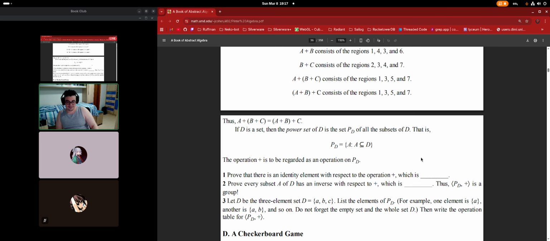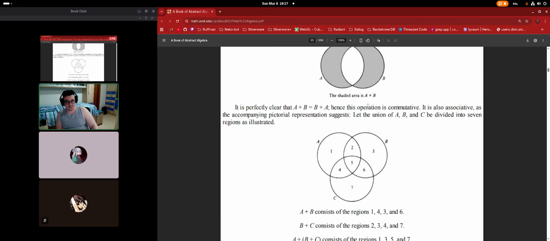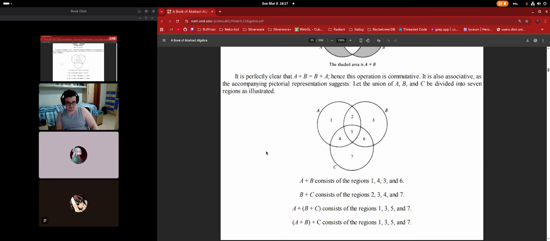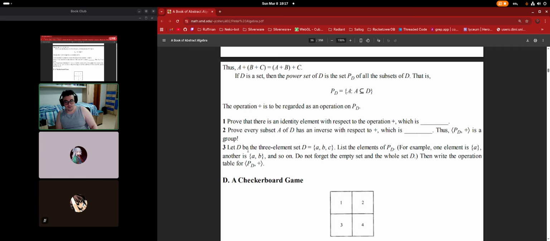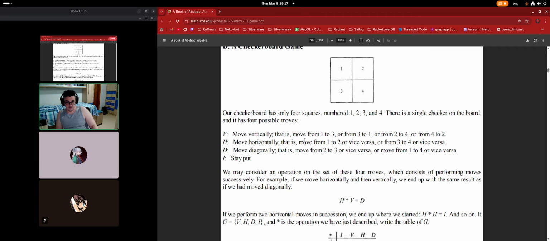But I guess this is fine, and I think the identity element of this thing is the empty set, isn't it? It should be. Which of course has an inverse, and we can use this other thing to prove it. This is also pretty cool.